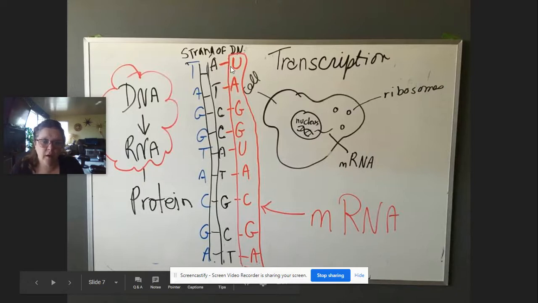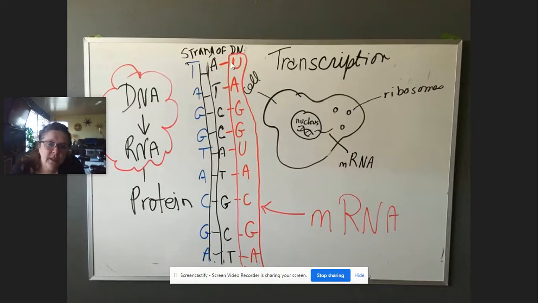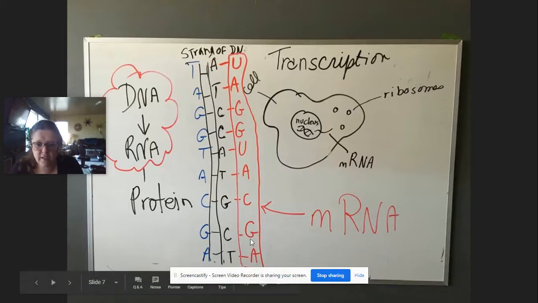into mRNA. So A, remember there's no T, there's no thymine in mRNA, so it becomes U. T, its partner is A, C is still G, C is still G, A is U, T is A, G is C, C is G, and T is A. Okay, so this strand here would be this little strand of mRNA here.